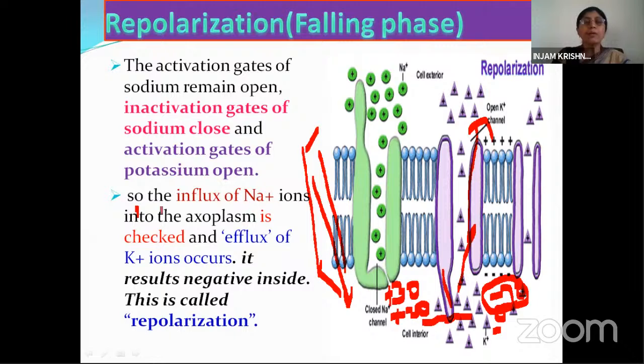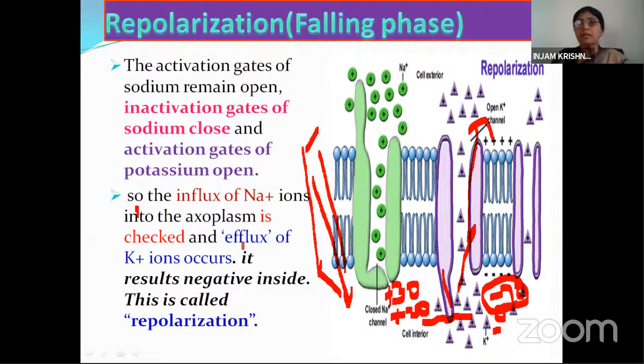So the influx of sodium ions into the cytoplasm is checked, and efflux, meaning moving outside, of potassium ions occurs. It results in negative inside. This is called repolarization. So again it reached the polarization. So what is action potential?